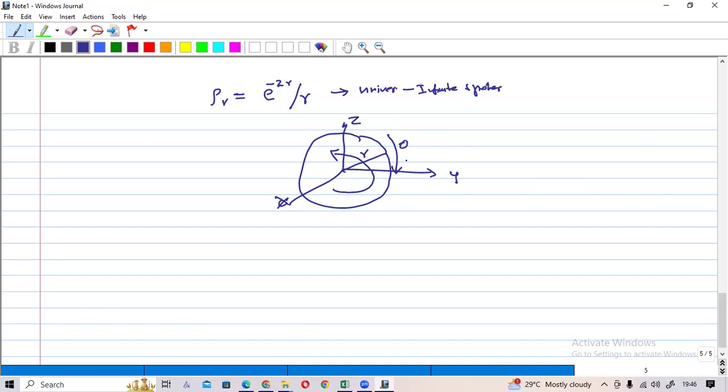To have a sphere, definitely theta should be from 0 to 5 and 5 should be from 0 to 5. This is a universe, an infinite sphere. To have a sphere, these limits should be there, no? If these limits are changed, it will not be a sphere.